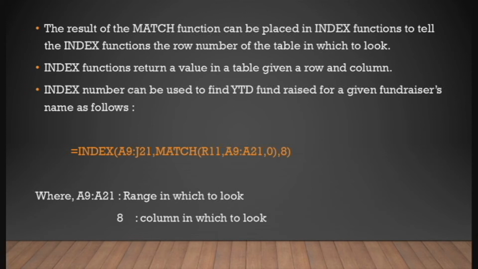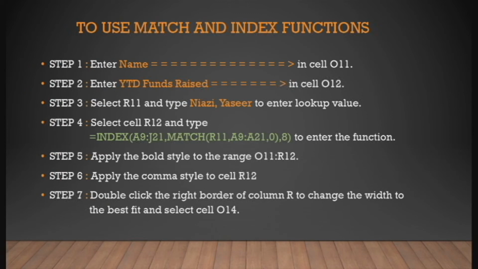INDEX can be used to find YTD fundraise for a given fundraiser's name as follows: equal to INDEX, in a bracket, the range in which to look, comma, the MATCH function, comma, the column in which to look, close bracket. Okay, these are the steps for how to use the MATCH and INDEX function. You guys can refer to the Excel part in the textbook, page 340.